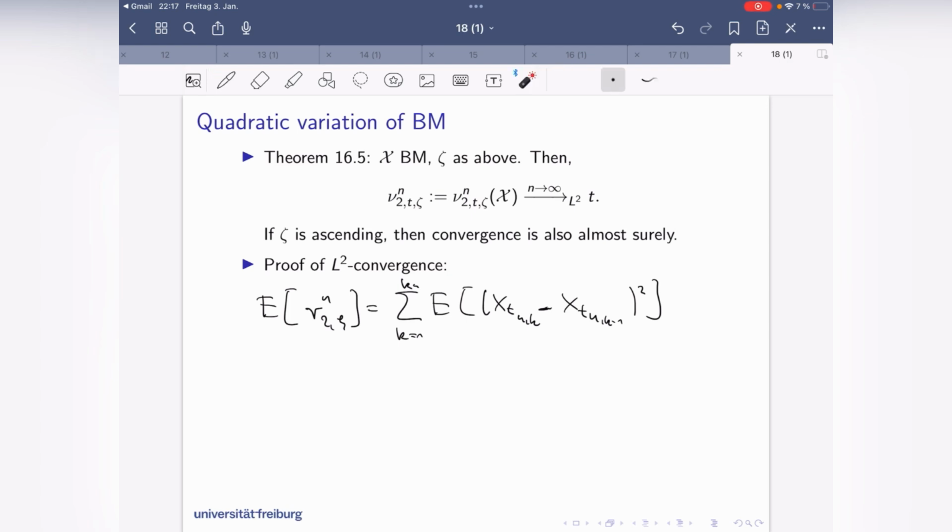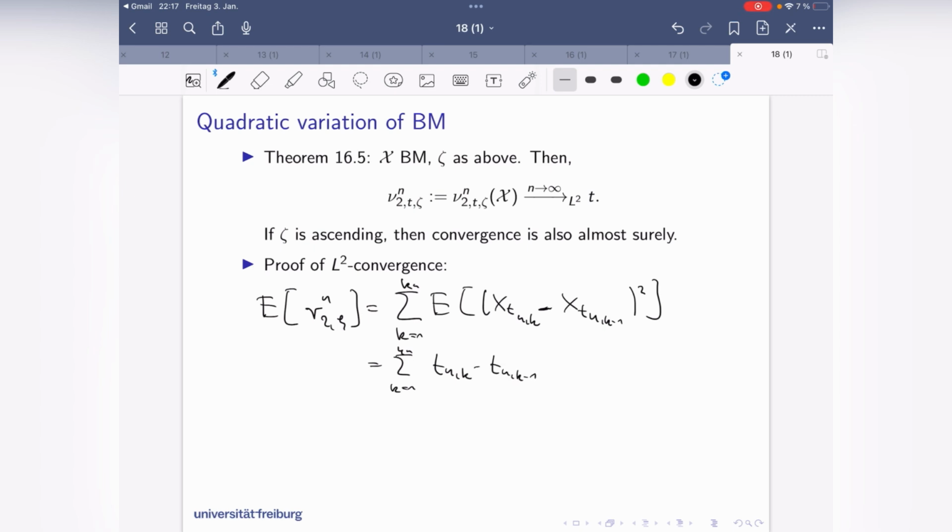And now the point is, since x is Brownian motion, the difference here has an N(0, time difference) distribution, which means that the expectation of the quadratic variation is the sum from k equals 1 to k_n of t_{n,k} minus t_{n,k-1}.